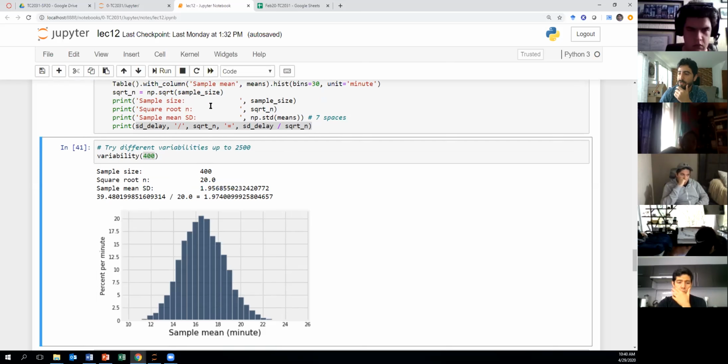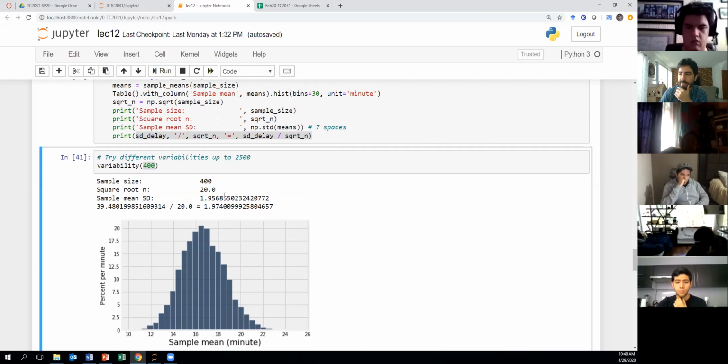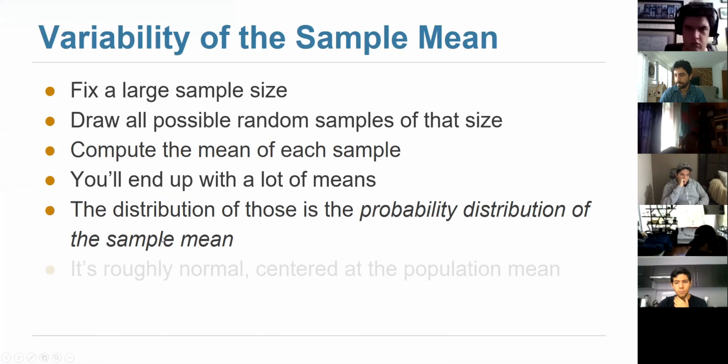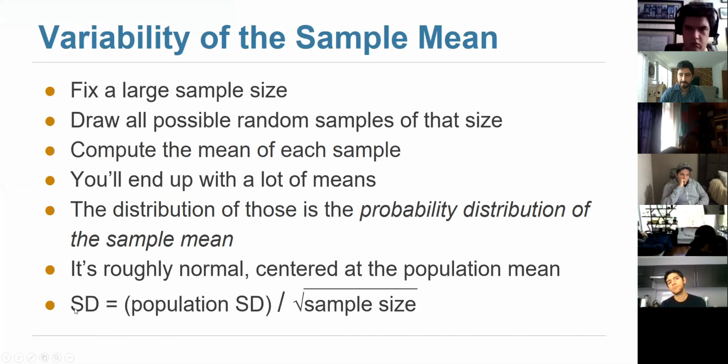So this is just to show you what's happening with that equation that I just showed you, right? The equation was this: the standard deviation of my probability distribution for the samples that I'm taking is relative to the population standard deviation divided by the square root of the sample size.